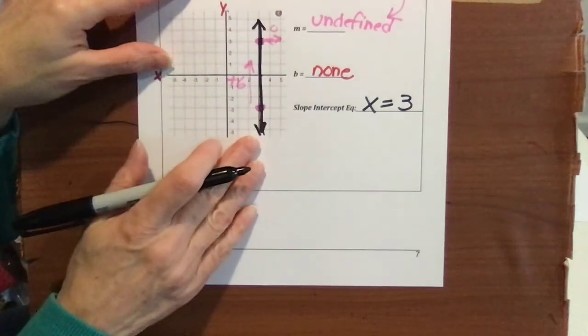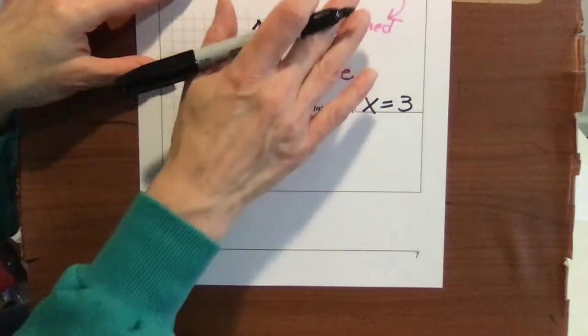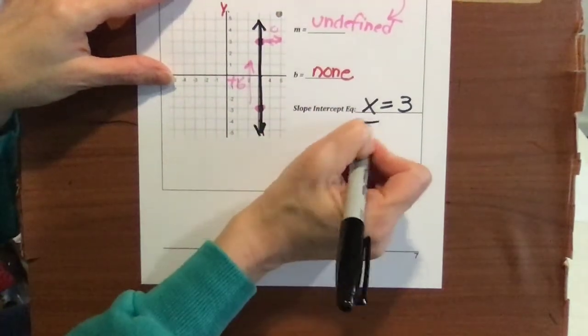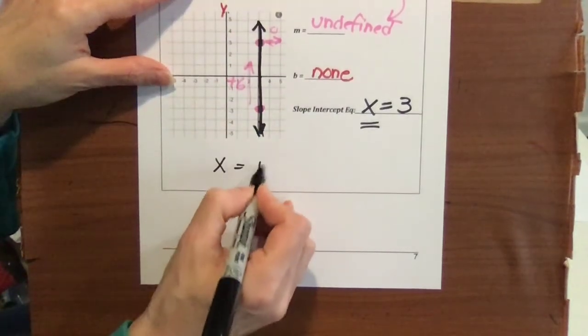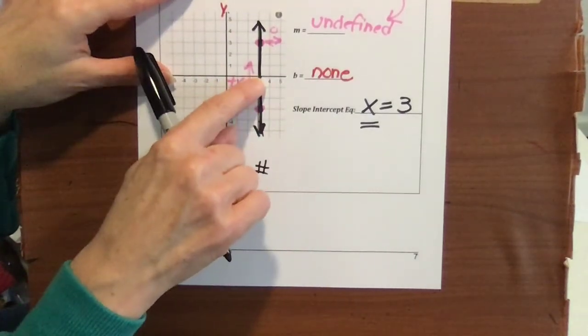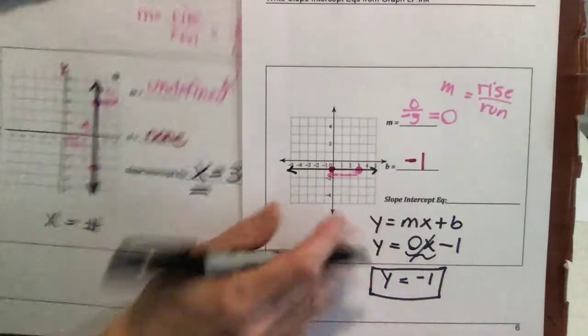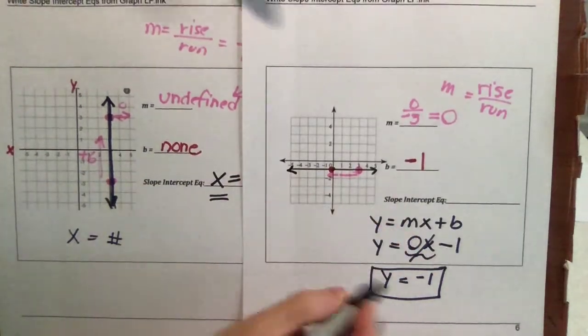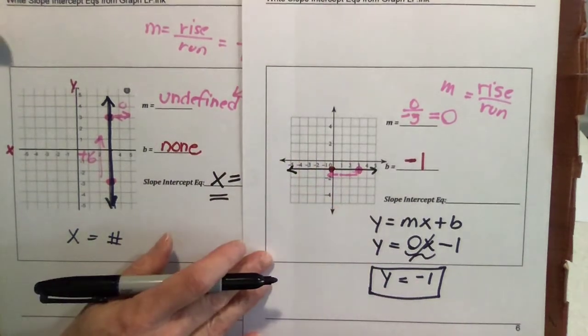So memorization of vertical and horizontal lines is usually best to identify them for their slope and for the type of equation that they are. Vertical lines are always x equals a number, wherever that number is on the x-axis. And in comparison, horizontal lines are always y equals a number, wherever that is on the y-axis.